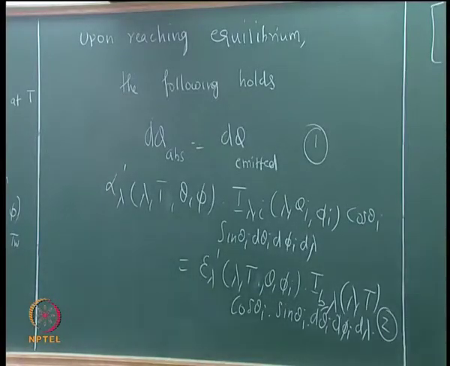Is that clear? Maybe this was missing yesterday, I went too fast, so I did not make it clear probably yesterday. Now it is clear. So there are some small manipulations I am doing, but the argument is perfect.